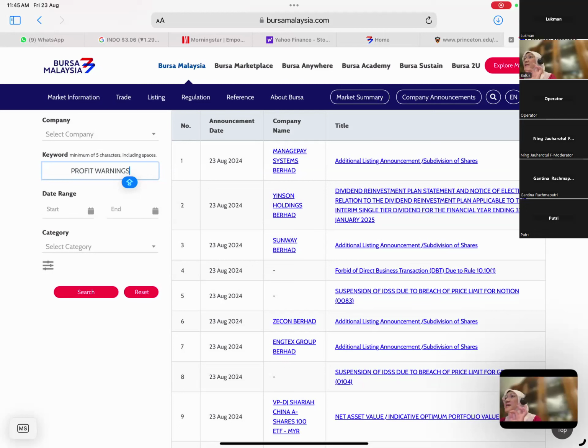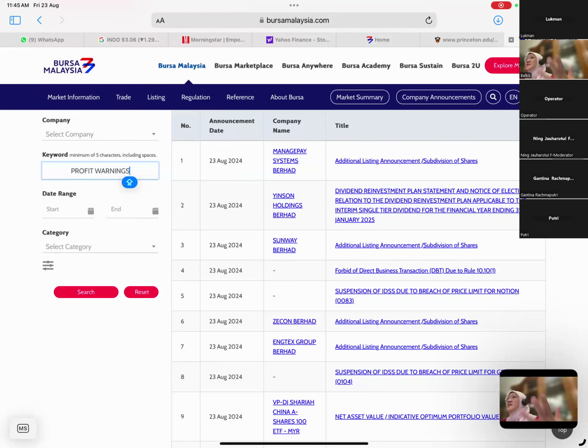So it's hand-picked data. Hand-picked data is tedious, but not so much data is available. So out of 800 over companies for 5 years, profit warnings are only around 100 over.